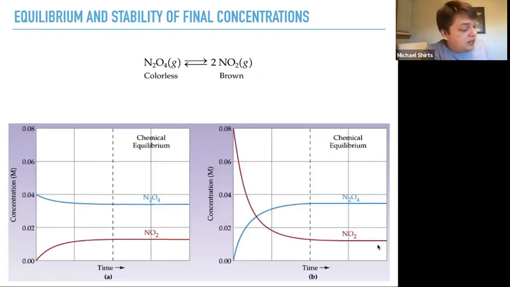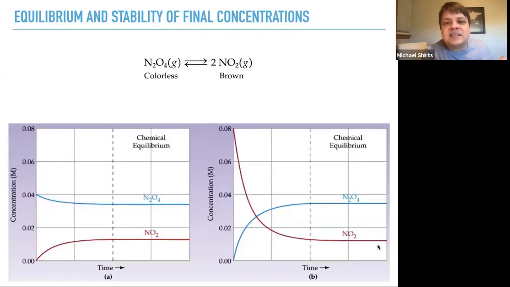It reaches equilibrium according to the equilibrium constant. What if I start from another amount? If I start from 0.08 NO2 and 0 N2O4. Now it's important here that we start with an equal amount of stuff in the system. If we start with a different amount of stuff in the system, we'll end up with a different equilibrium.